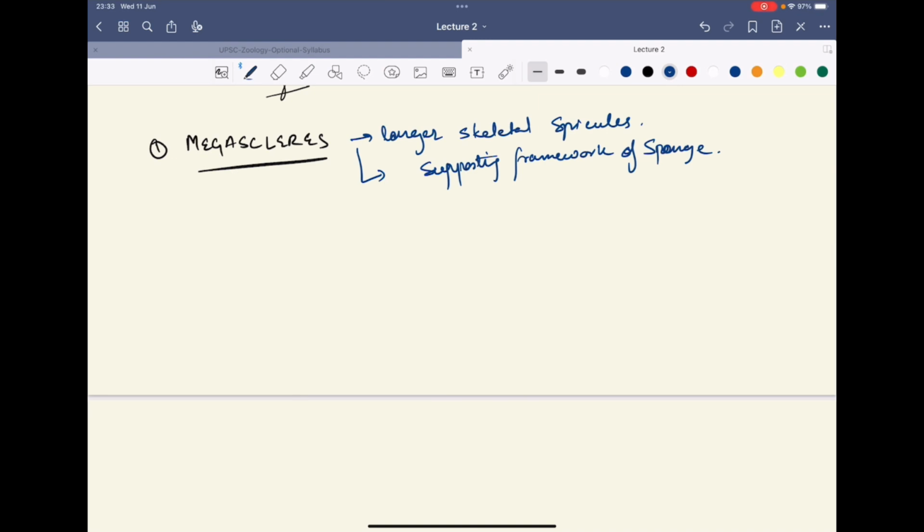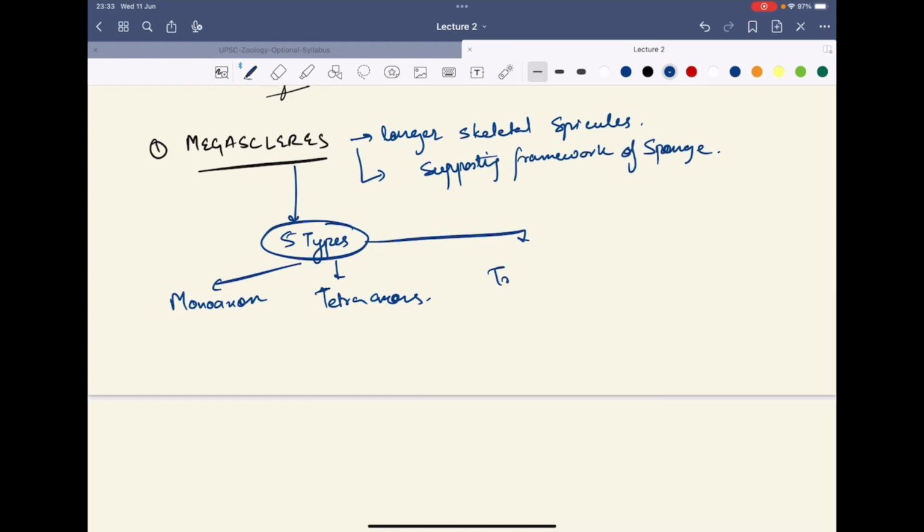These are generally of 5 types: monoaxon, tetraxons, triaxons, polyaxons, and spheres.